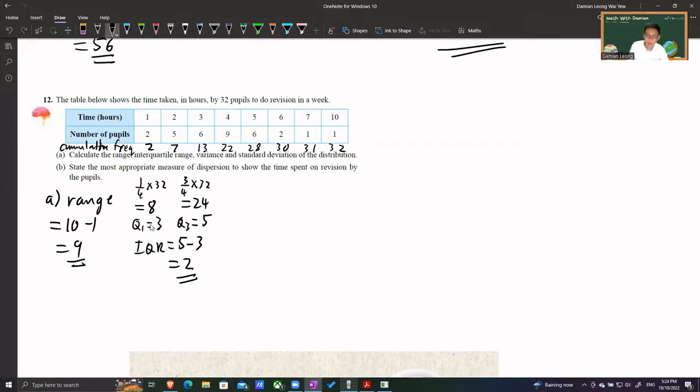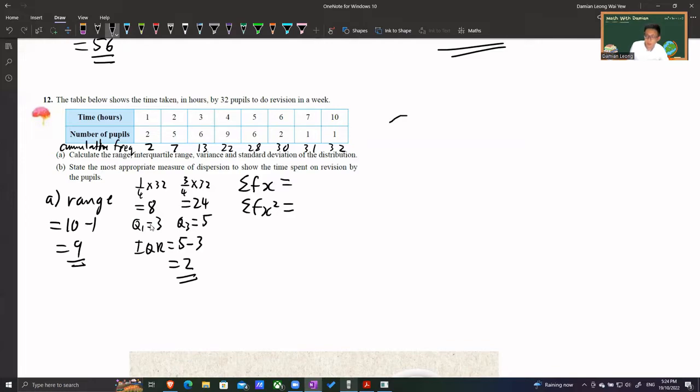Then for variance and standard deviation, we need the sum of values and sum of values squared. Since there's a frequency table here, I need to use the sum of frequency times values and the sum of frequency times the value squared.